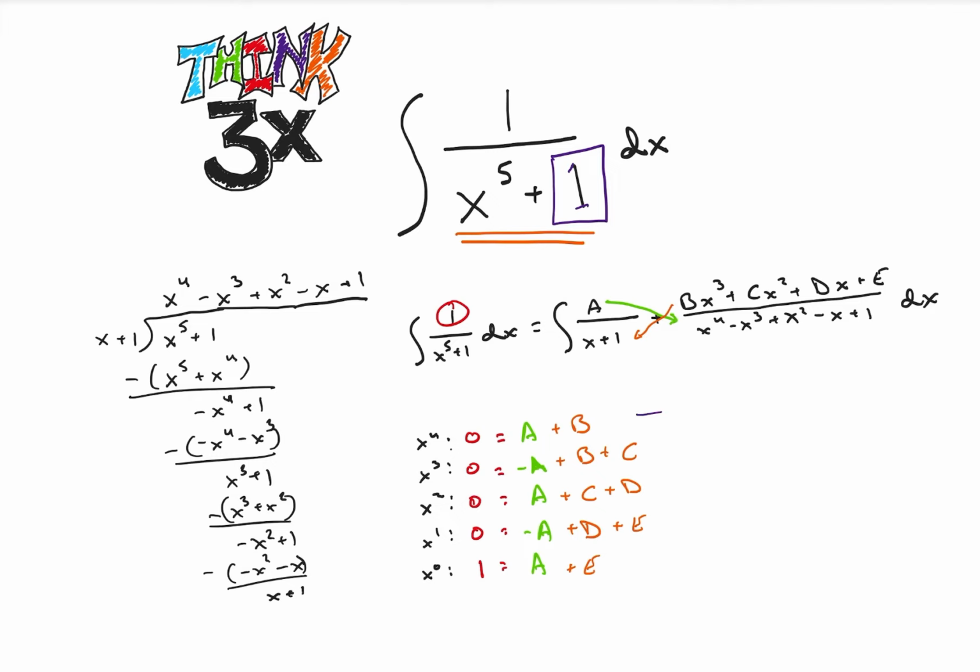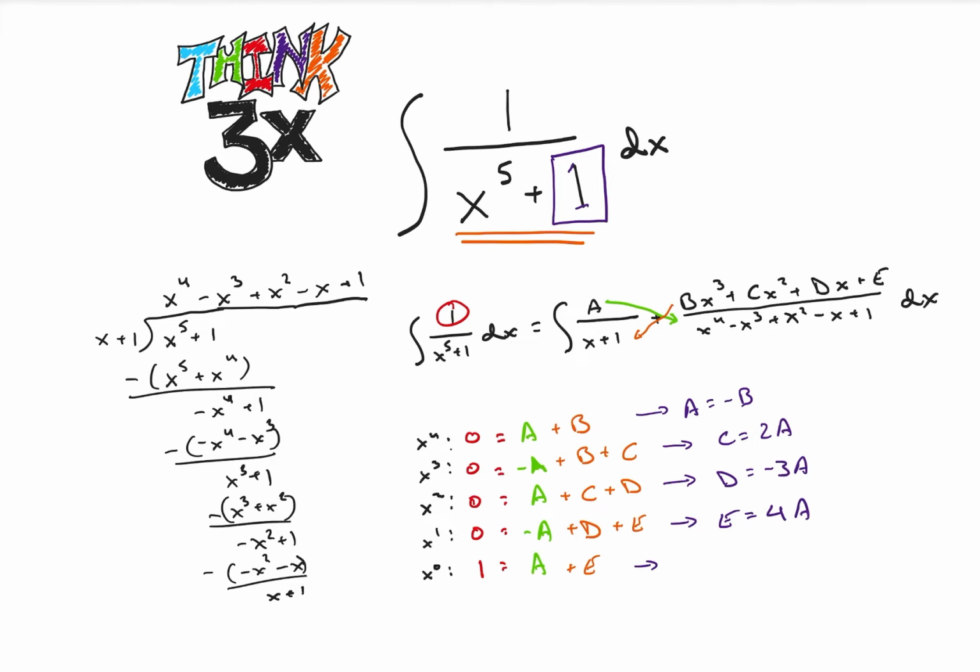So we can just go through our solution here. From this first equation, a is going to be negative b. We plug that in, so we plug negative a in for b. We're going to get c is equal to 2a. If c is equal to 2a, we have 3a plus d equals 0, so d is going to be negative 3a. Negative 3a minus a is negative 4a, so e is going to be 4a.